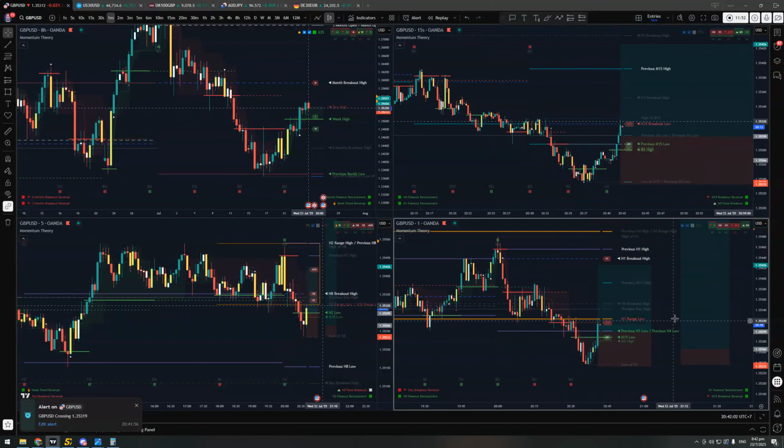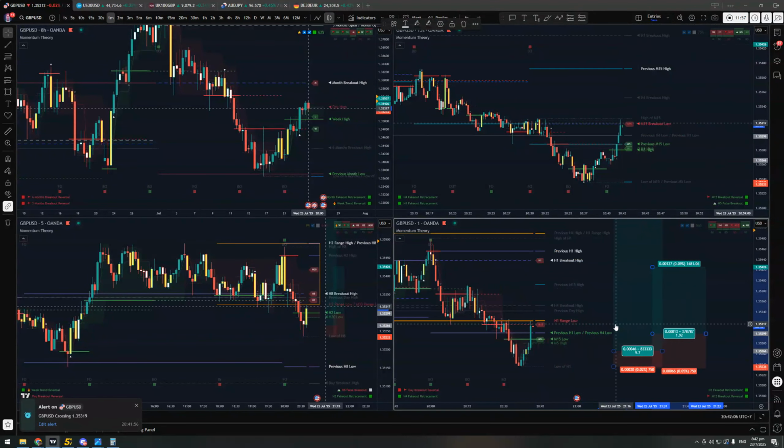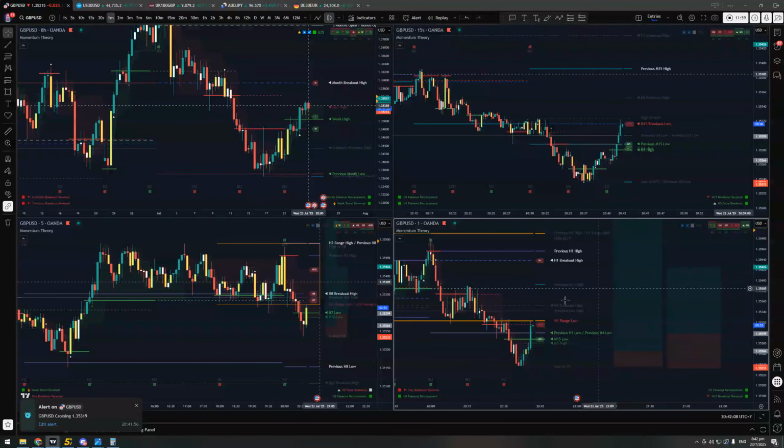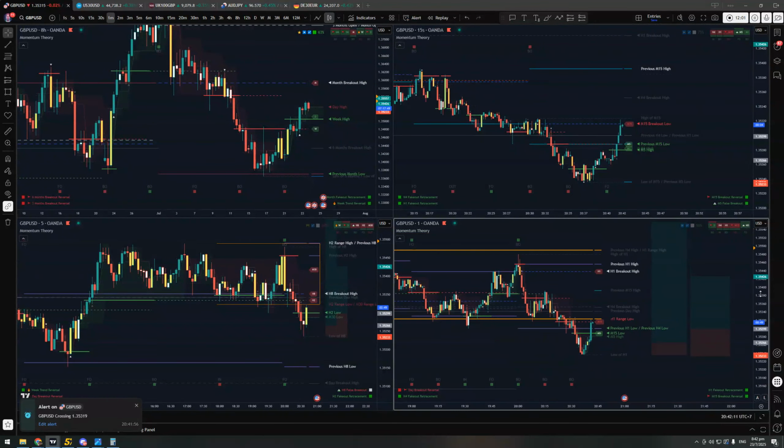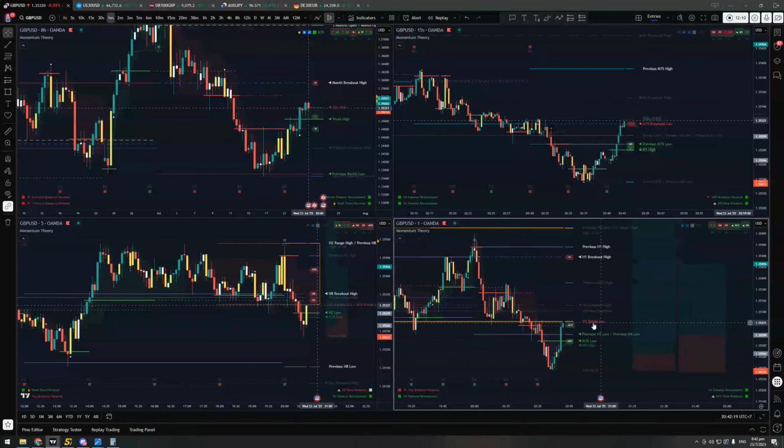Getting above, not yet. Want to get back into that range.